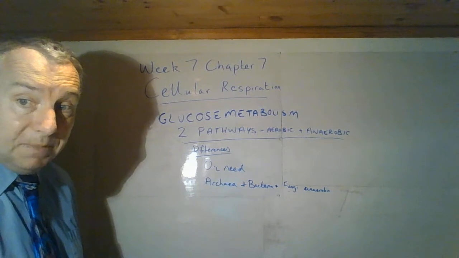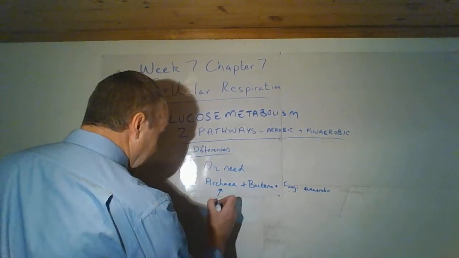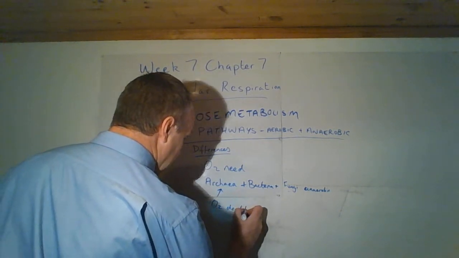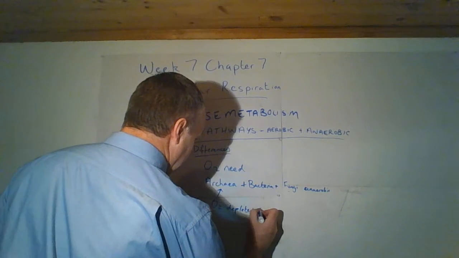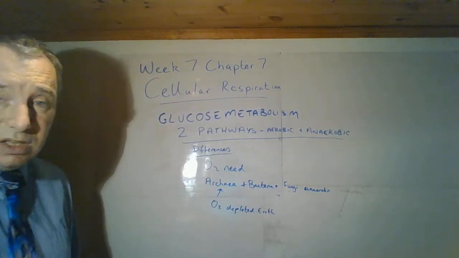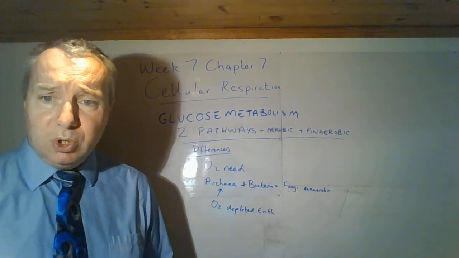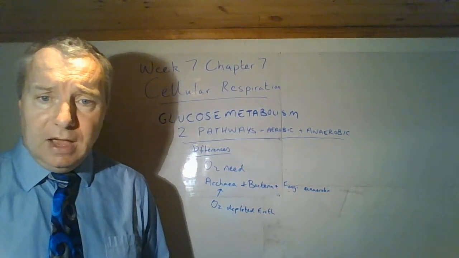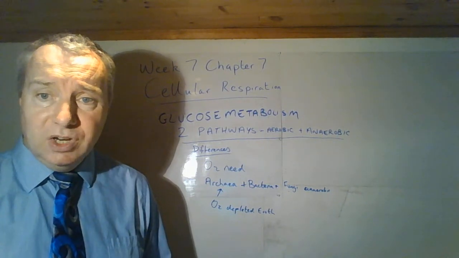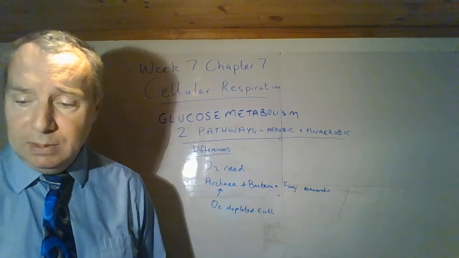We know that on an oxygen depleted Earth, the only choice the archaea had was anaerobic respiration. So that's the original, and that's the oldest form of glucose metabolism.